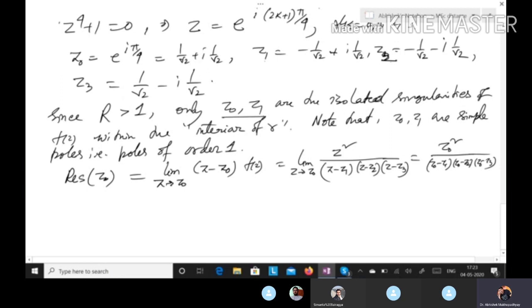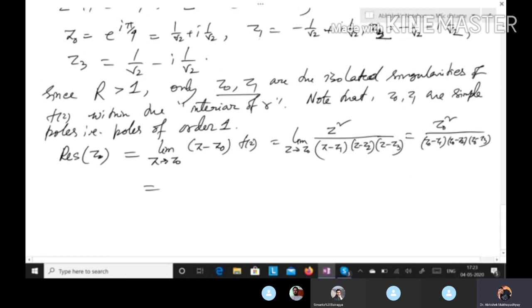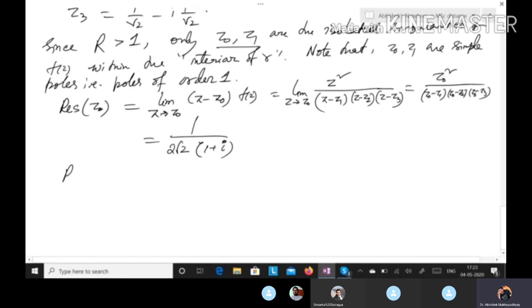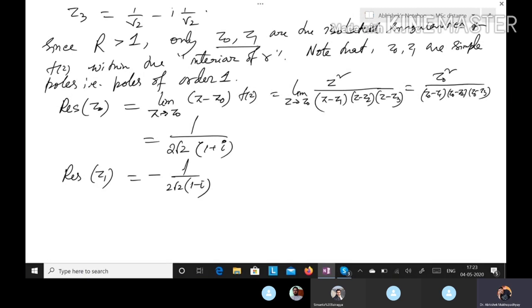If we calculate this complex number, you will find it is 1 by 2 root 2 times (1 plus i), just putting the values of z0, z1, z2 and z3. Similarly, the residue at z1 will be minus 1 by 2 root 2 times (1 minus i). So we have calculated the residues.